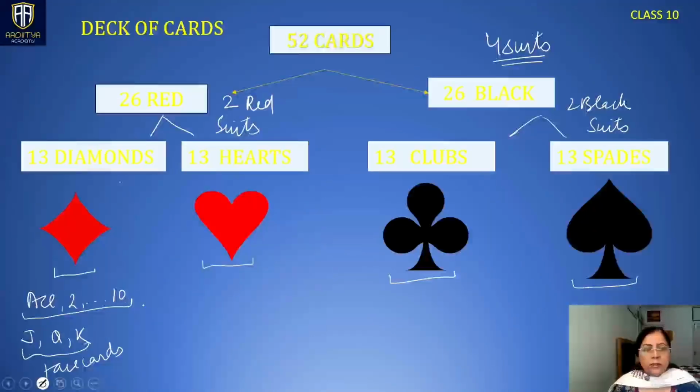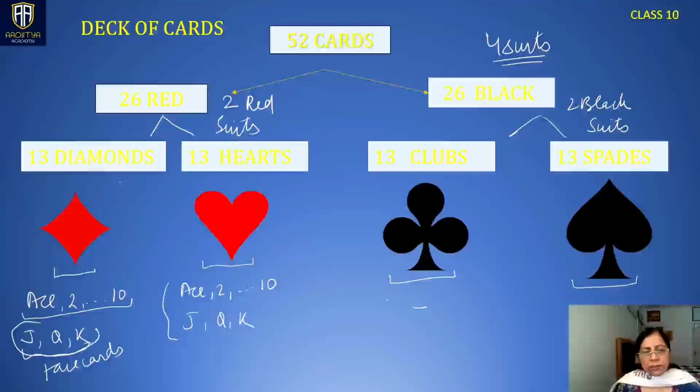Similarly in hearts, we have ace, then 2 to 10, these are the 10 numbered cards, then J, Q, K, 3 face cards. Similarly, we have 13 cards in clubs and spades. So ace to 10 in each of the four suits gives 40 cards.